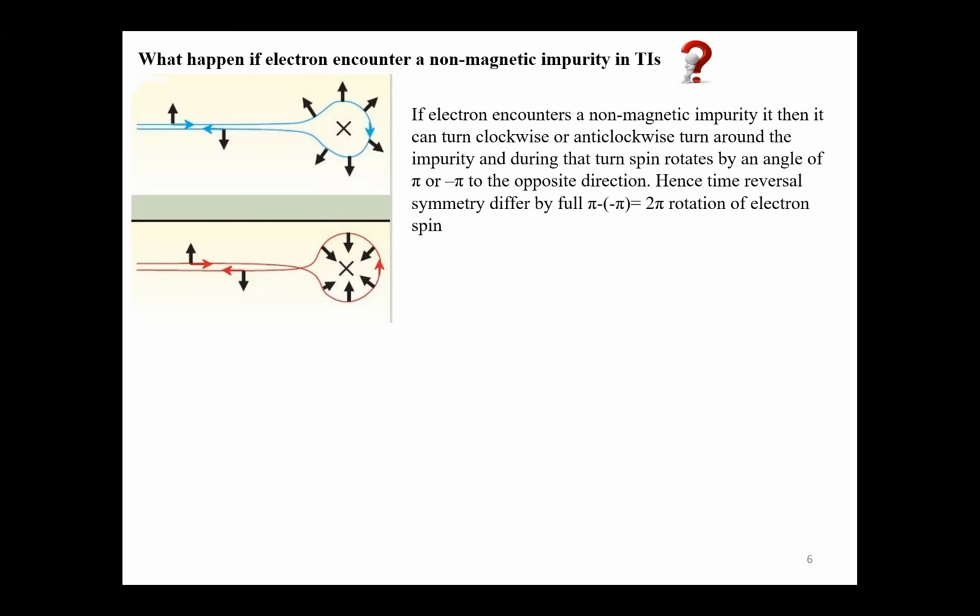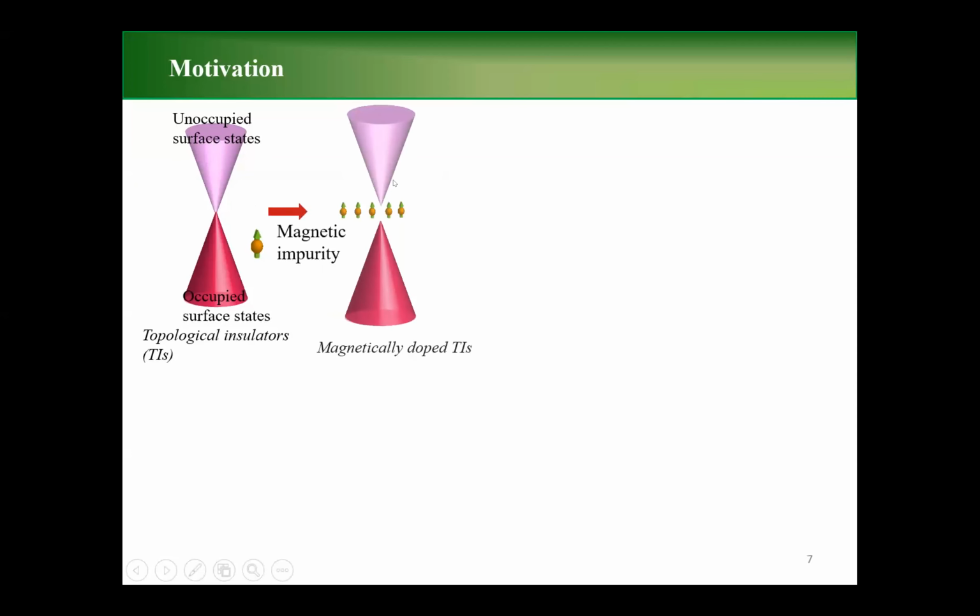What happens if we have a magnetic impurity? Then the time reversal symmetry is broken, and if we dope this topological insulator with a magnetic impurity, the conduction and the valence bands on the surface are separated and an energy gap is introduced. So a magnetic impurity opens a band gap on the surface of the topological insulators.